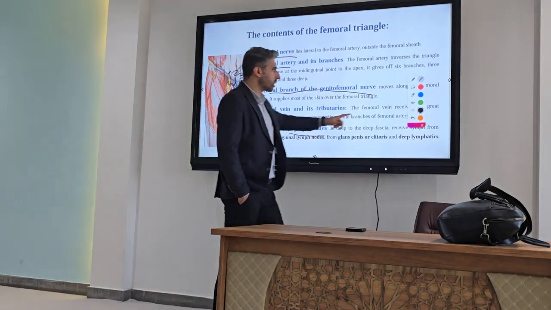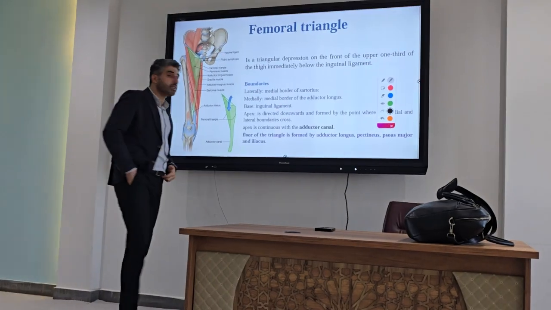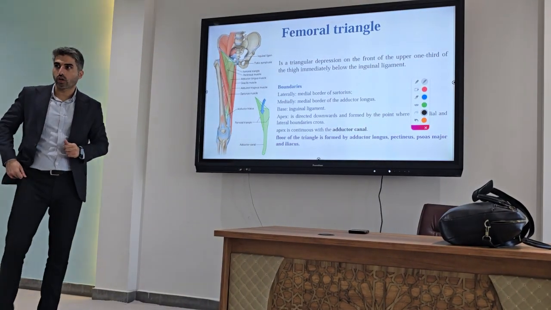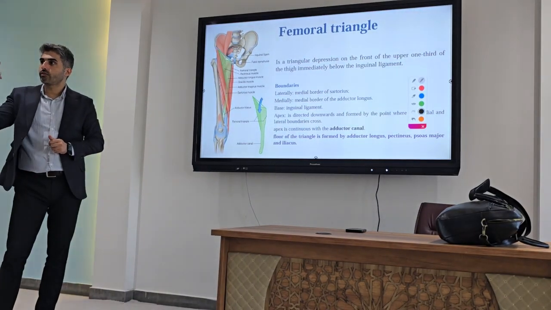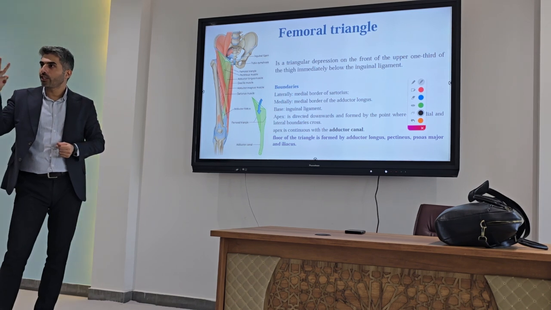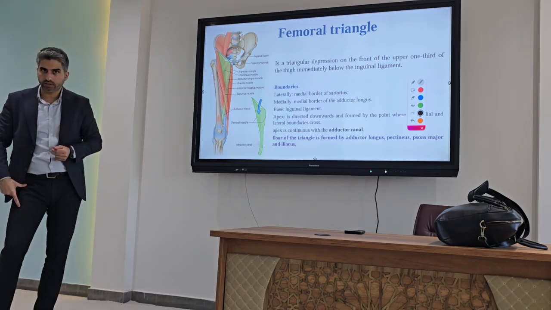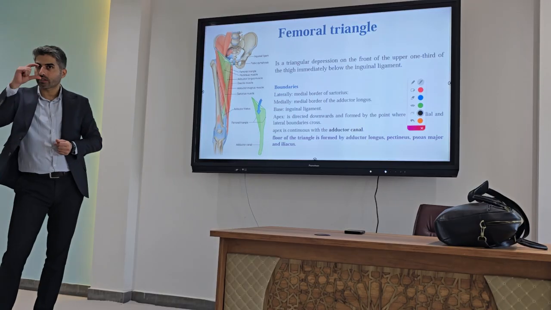So what is this triangle? Why can we see this triangle? Look at the picture. This is the point, it's very important. When you see the thigh, all part of the thigh, you can divide it into three parts. Upper 1/3, middle 1/3, lower 1/3.